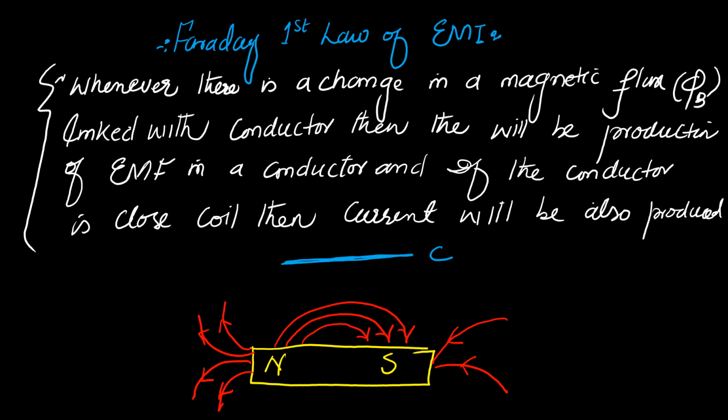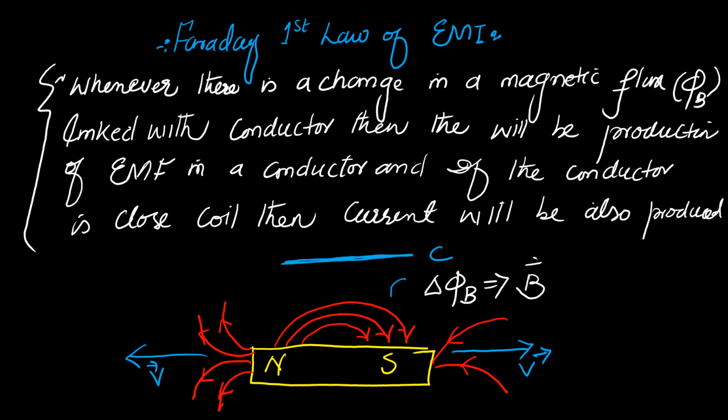if this magnet moves in a forward direction, in this direction with a certain velocity v, then there will be a change in magnetic flux because the magnet moves with a certain velocity. The change in magnetic flux means there will be a change in magnetic field lines.